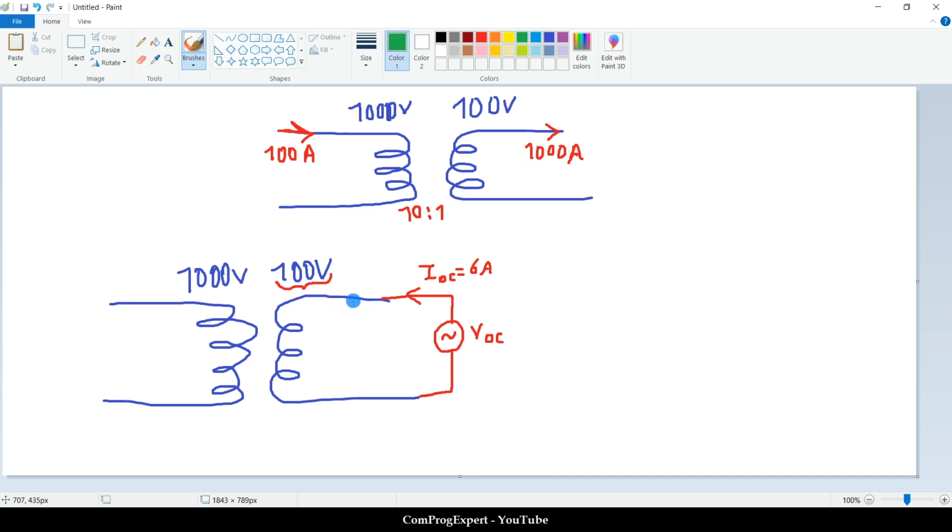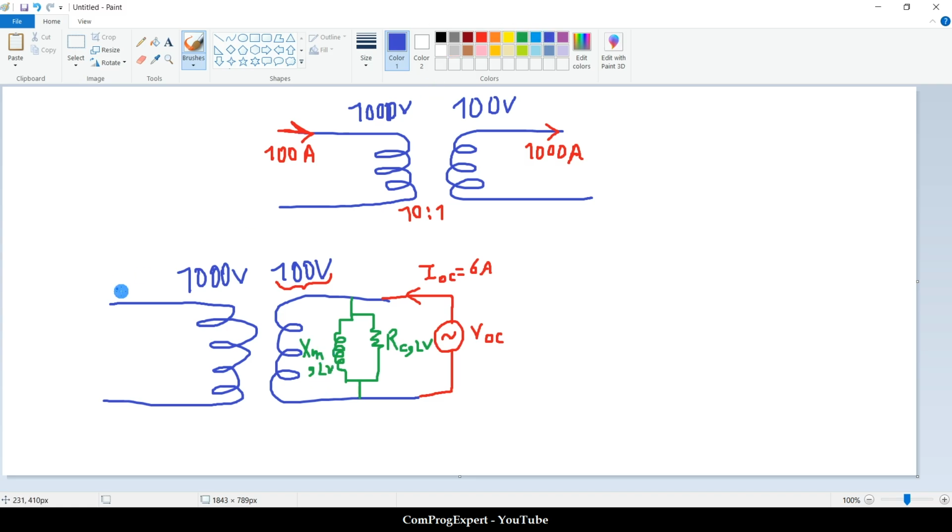The aim is to calculate the RC and XM for the magnetizing branch of the transformer. So this is RC. It is better to write RC calculated for low voltage side. Okay, and similarly this is XM for low voltage side.